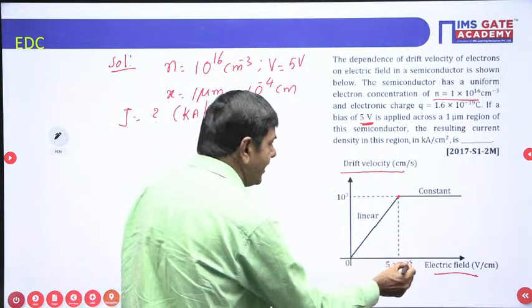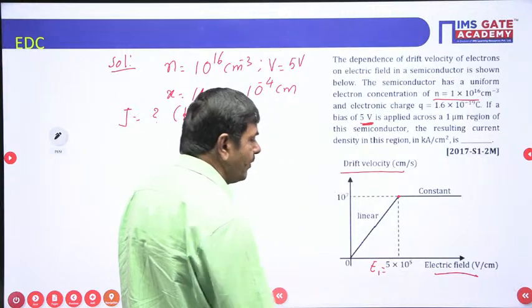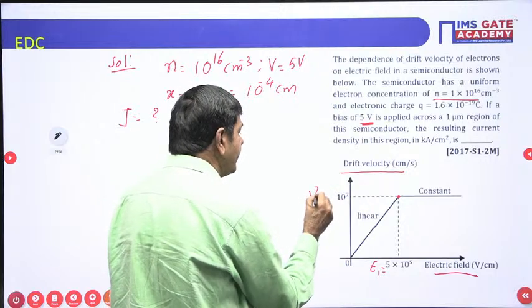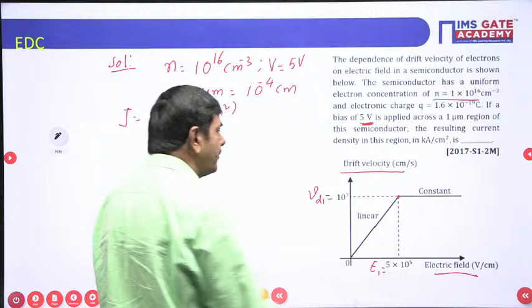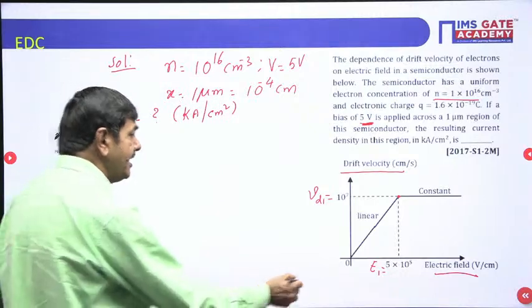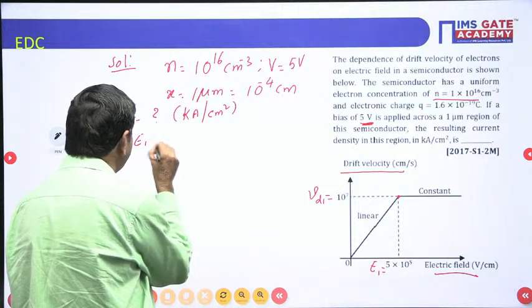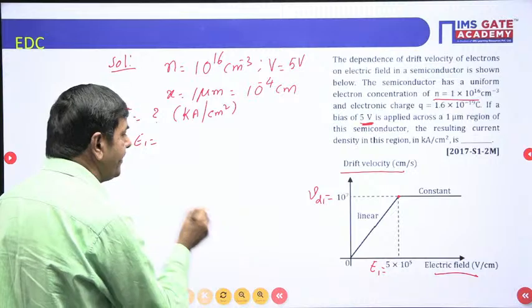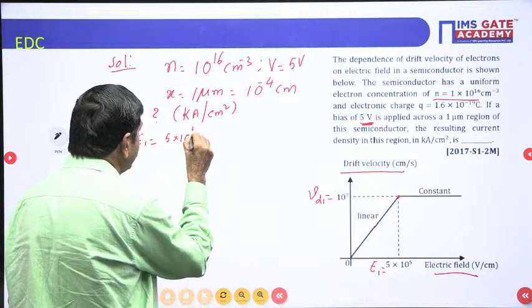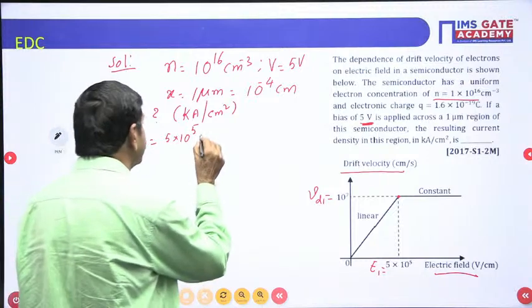When the electric field intensity, this E1 I can assume, E1 equal to 5 into 10 power 5 volts per centimeter.